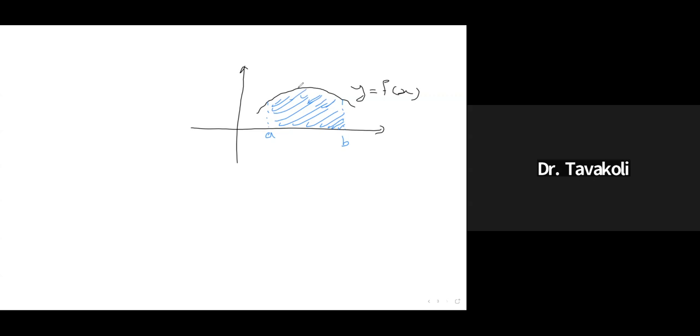But sometimes b could be infinity, meaning that we have the integral from a, but the upper limit of the integral is not a specific value, it tends to infinity. Or we can have the situation that instead of a, we have minus infinity. So the graph starts from the very left end of the coordinate system.